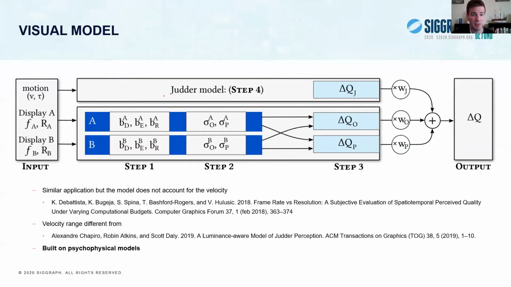The range of velocities we consider also distinguishes us from the concurrently developed work of Shapiro et al., which is coincidentally presented at the same very venue. Furthermore, our proposed model is built on psychophysical components, and therefore we expect that it will generalize to novel viewing conditions, such as different luminance levels, viewing distances, better than the alternatives.